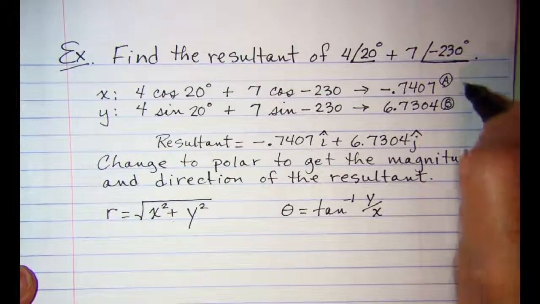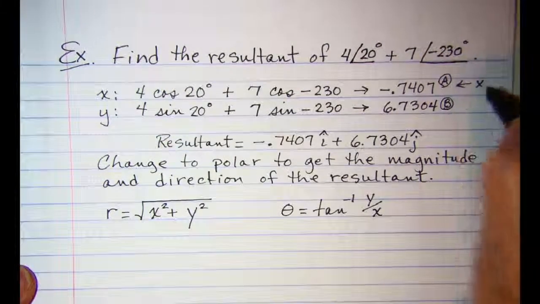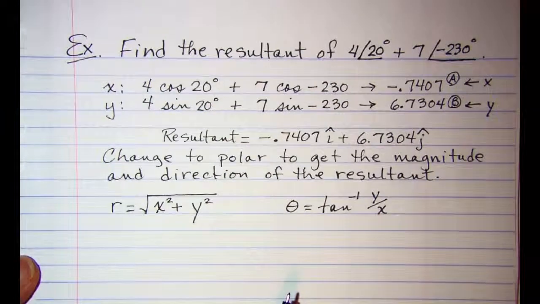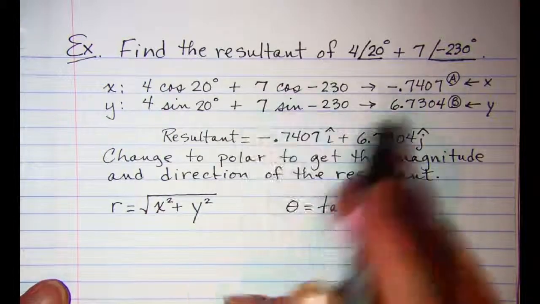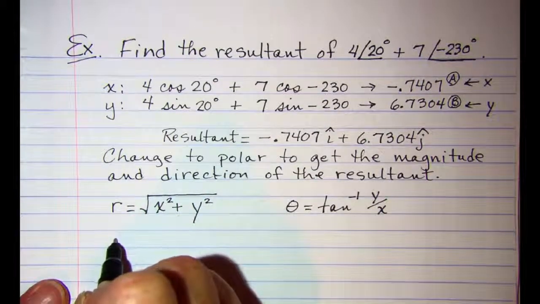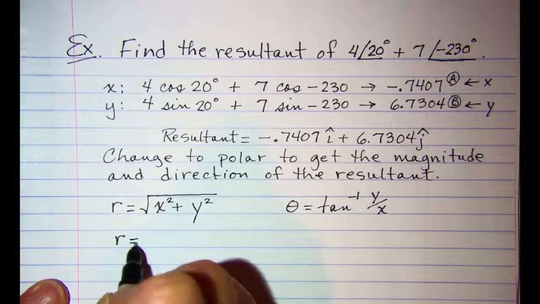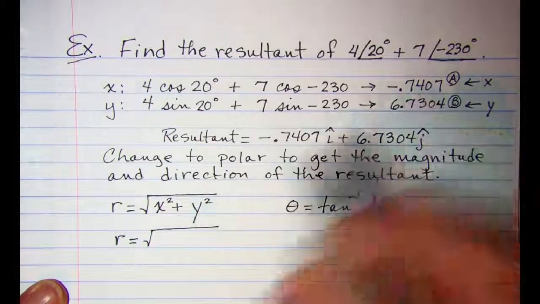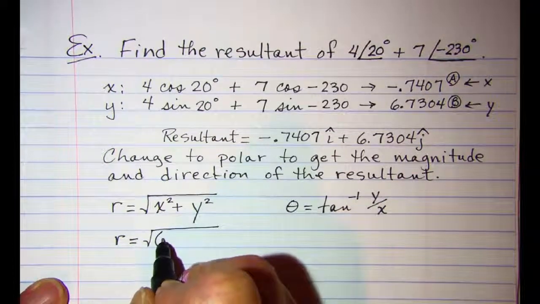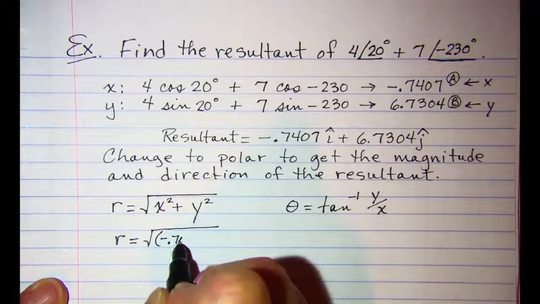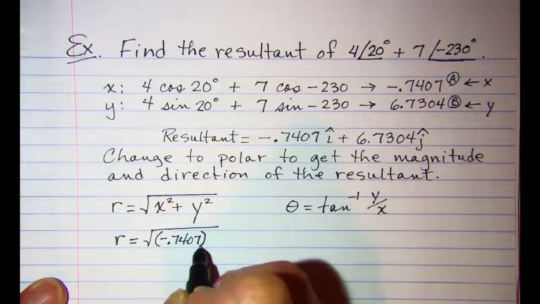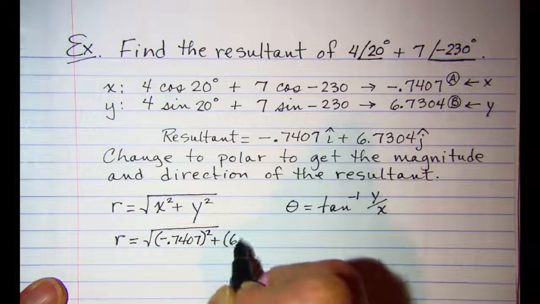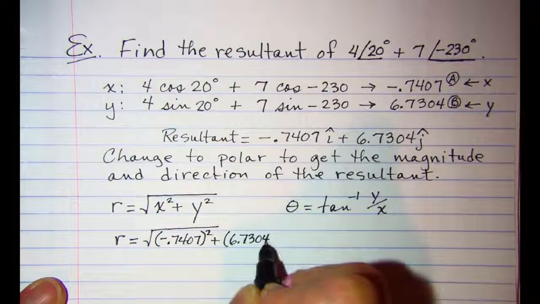Now this was my x value, and this was my y value. So for my problem, my r is going to be the square root of parentheses negative 0.7407 squared plus 6.7304 squared.